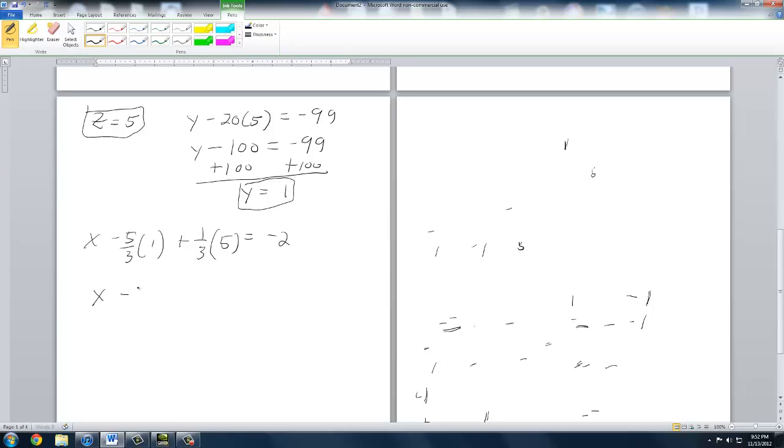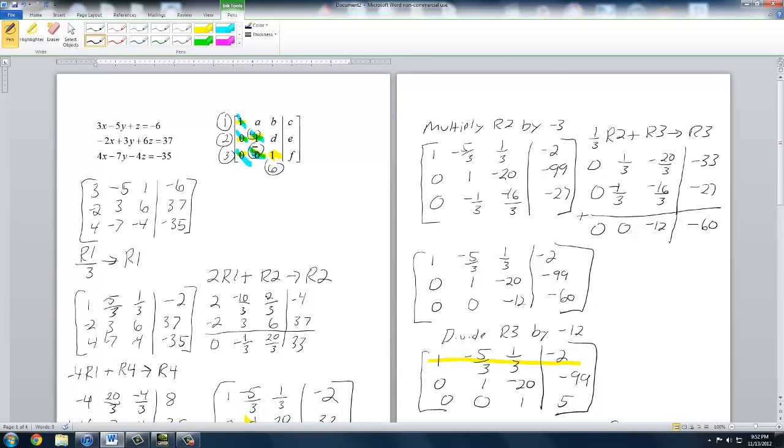So this is x minus 5/3 plus 1/3 times 5, which is 5/3, equal to negative 2. Look what happens. These cancel. So x is equal to negative 2. So our coordinate point is negative 2, 1, 5. Even though the problem had fractions in it, our solution was just negative 2, 1, and 5.